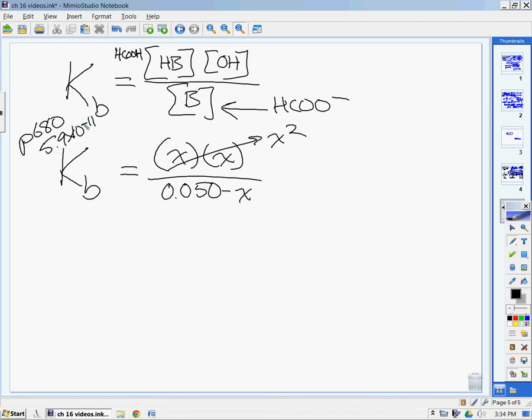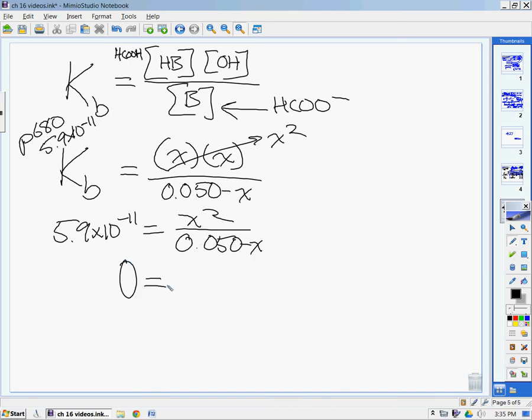All right, so let's plug it all in. So 5.9 times 10 to the negative 11, x squared over 0.050 minus x, and let's rearrange it to get it in the nice algebraic form that's going to make this easy to solve for. Times 10 to the negative 11x minus 2.95 times 10 to the negative 12.